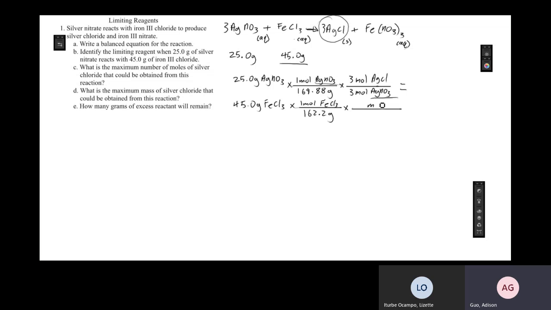So immediately I know I want the top to be silver chloride, and I want the bottom to be iron chloride, so I can cancel this out. Now looking at our reaction, it's 1 to 3. So for every 1 mole of iron chloride, we make 3 moles of silver chloride. All right, now we just have to calculate these numbers.